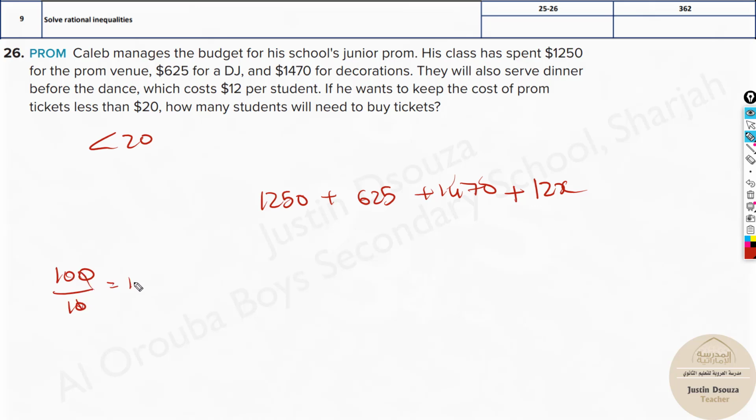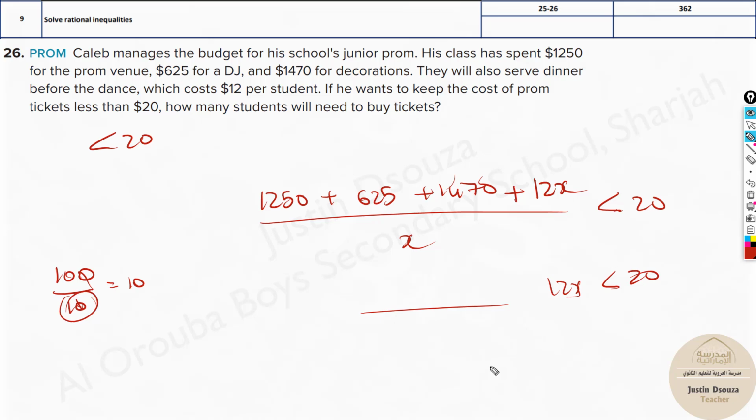It will be 10, right? So you have to divide by the number of students. So here, the number of students we don't know. Let's take it as x because we have already taken it as x. This must be less than 20. So that's the equation. Now we can easily solve it. Take this 20 to the other side. It will be 20x over here. Must be less than 12x and all these numbers.